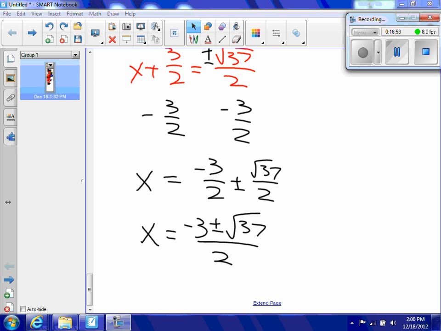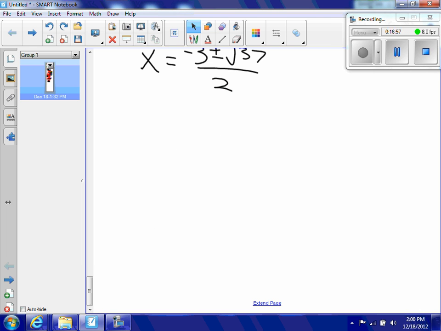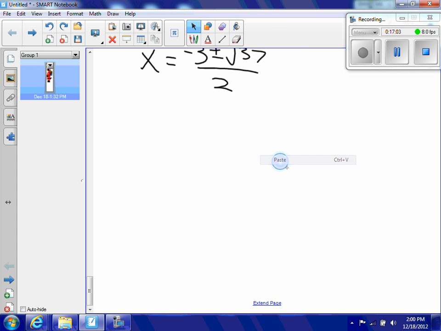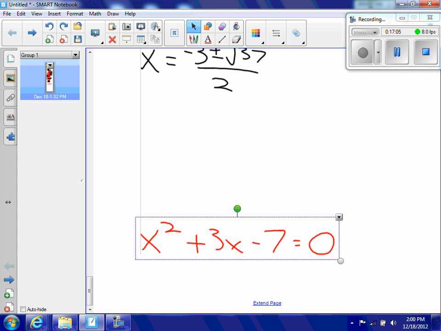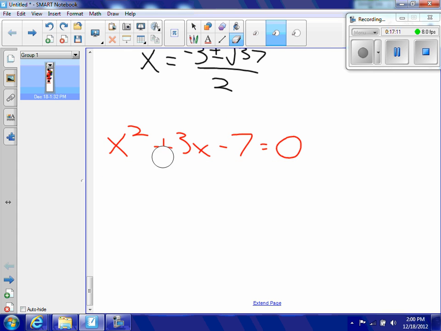One more thing I'll point out about this. Let's go back to our original equation. Okay, here's our original equation, and I'm going to change this plus to a minus.